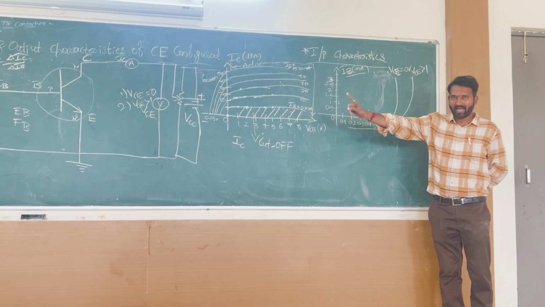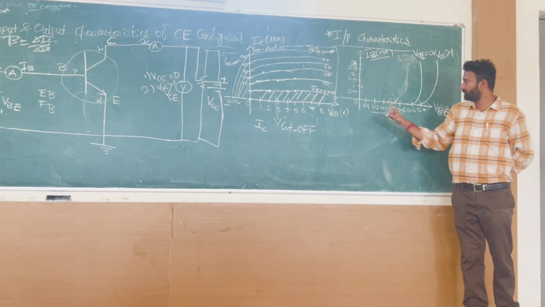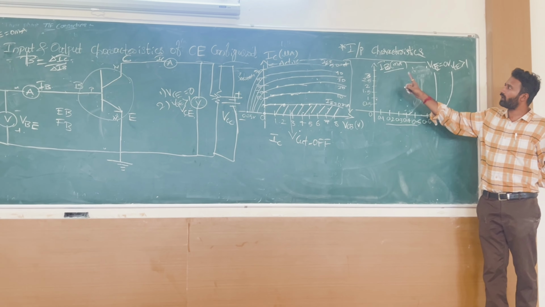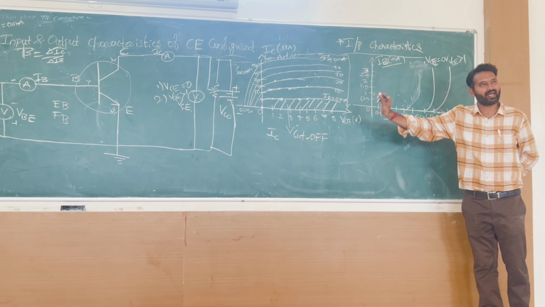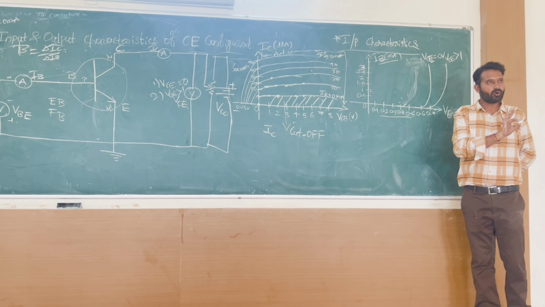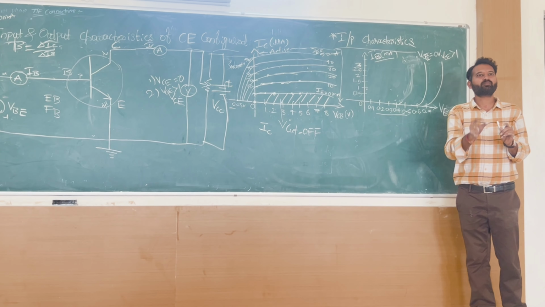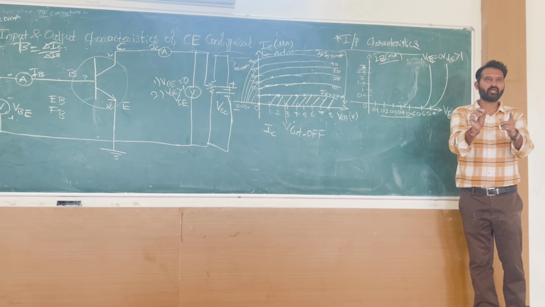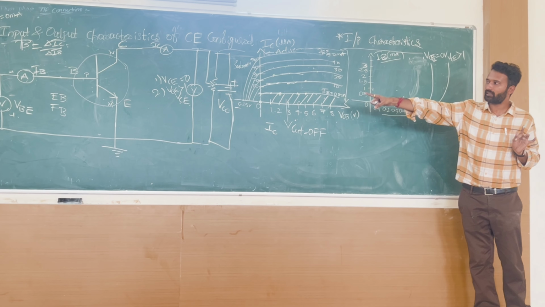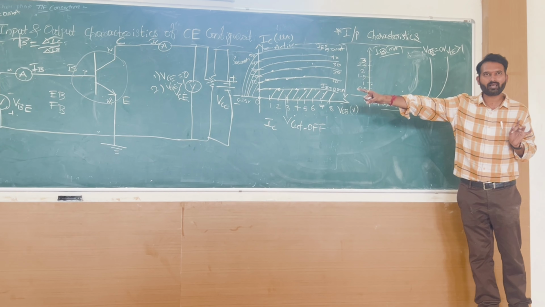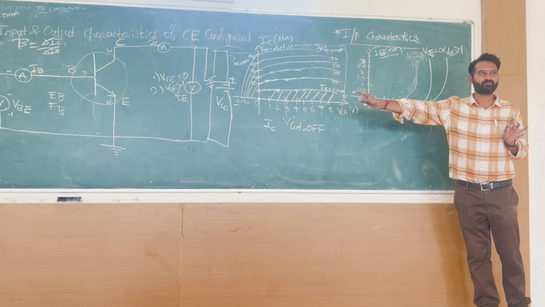So whatever parameters are available at the input side, you will vary. You will note down the IB current. You will keep VCE and IC constant. You won't touch them. Just make it 0. Second case, make it 1. Don't touch those voltmeter and ammeter. We will touch only the ammeter or voltmeter which are available at the input.